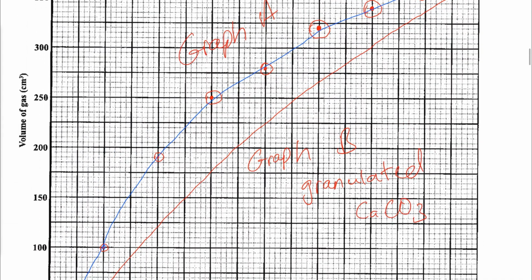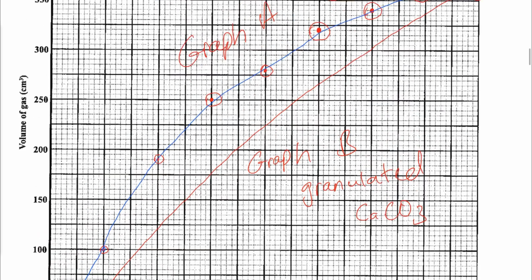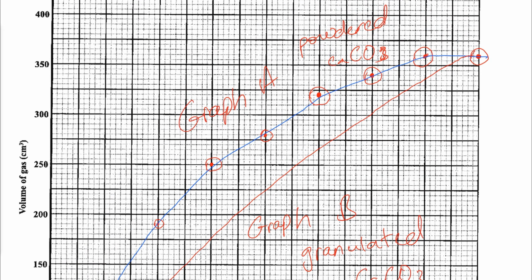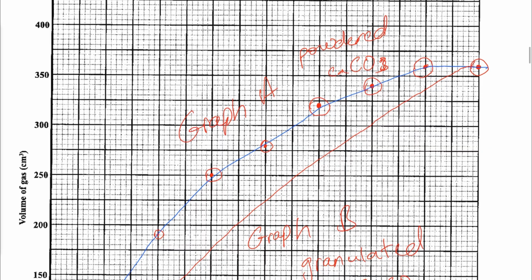So they want us to draw a second line and see what it would look like if we use marble chips instead of powdered calcium carbonate. And this is what it looks like. We basically have a straight line and it tapers off the same way at 360 centimeters cube. So that's what we have there. So question G is done.